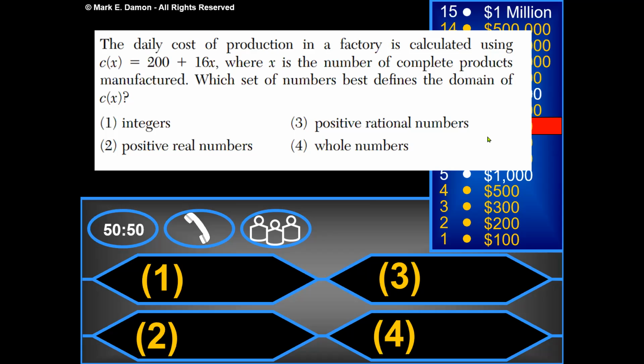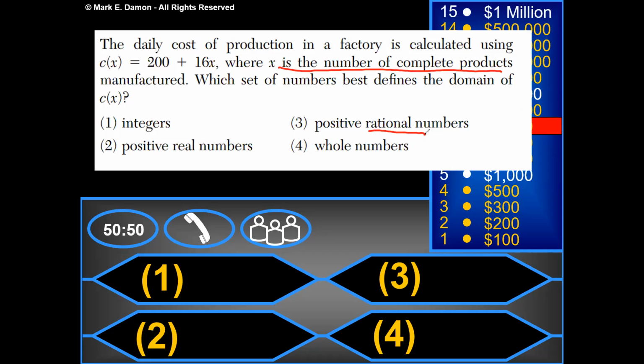All right. Let's talk about the domain. The domain is the input. The input in this case, X, represents the number of complete products. So not partial products. Partial is a ratio, and a ratio is a rational number.